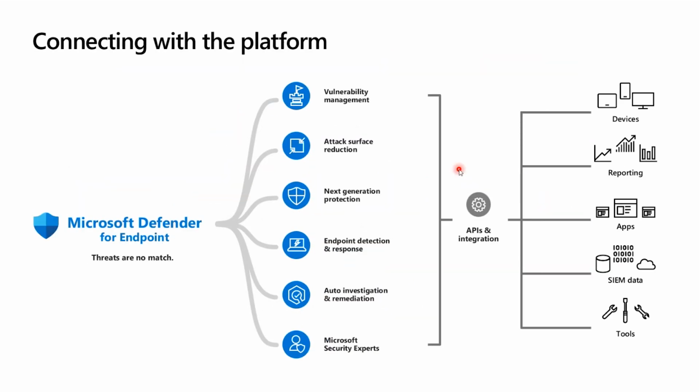APIs and integration. So what we can do as well when we're using Microsoft Defender for Endpoint, we can choose to manage all the data that's acquired through all of these different endpoint protection mechanisms.